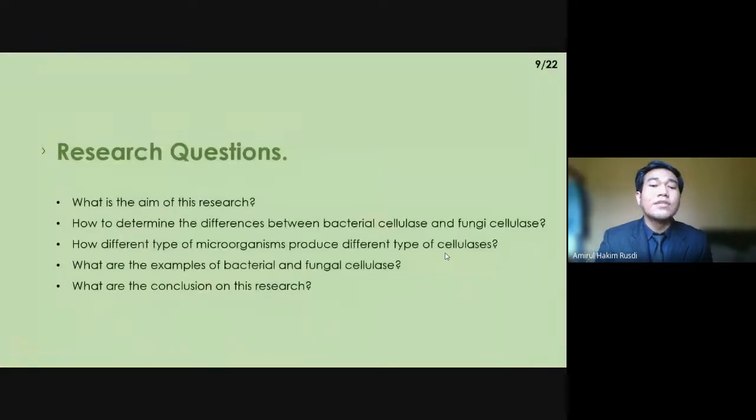Then, the research questions that can be identified in this article review are: what is the aim of this research? How to determine the differences between bacterial cellulase and fungal cellulase? How do different types of microorganisms produce different types of cellulases? What are the examples of bacterial and fungal cellulases? And what is the conclusion of this research?